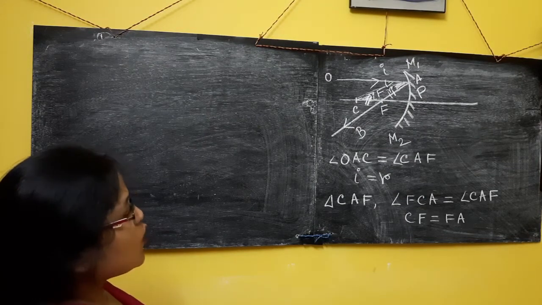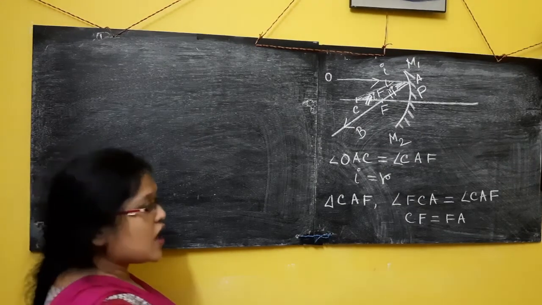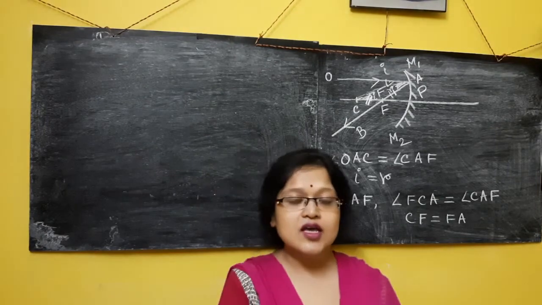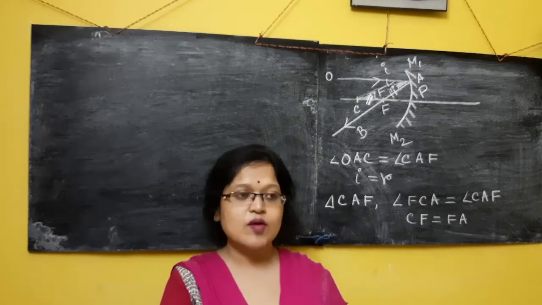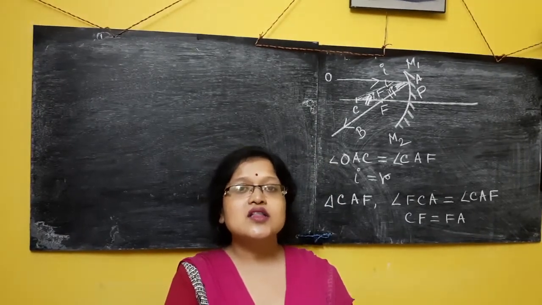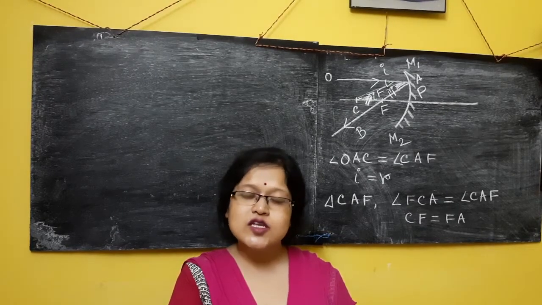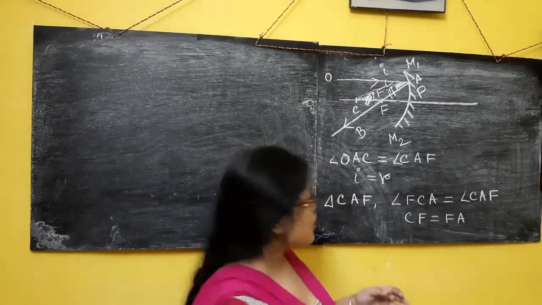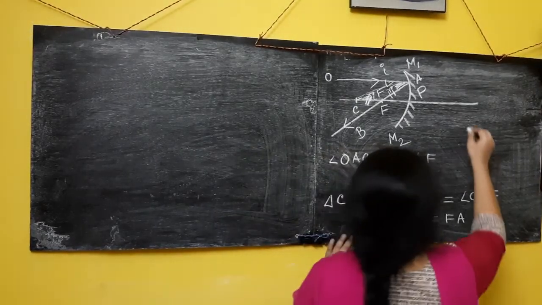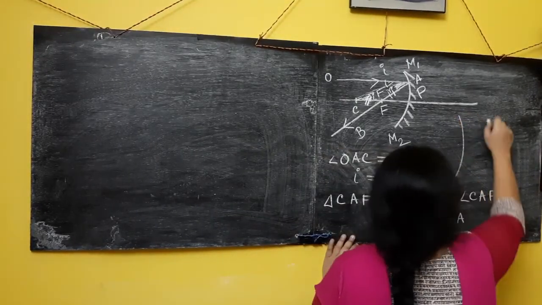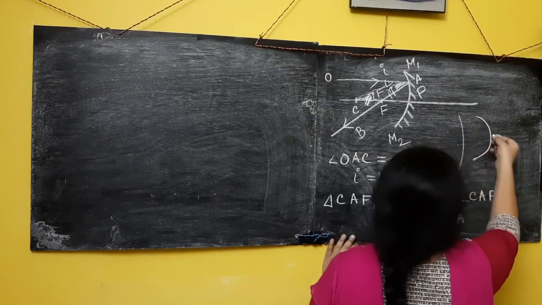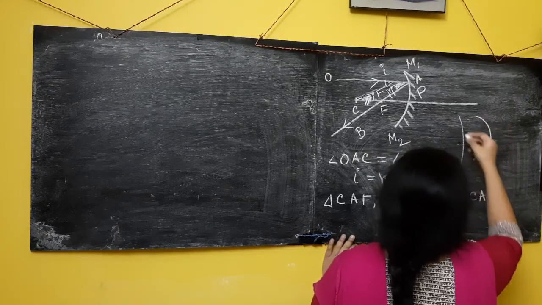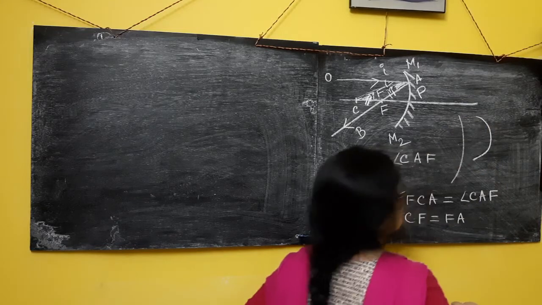Now coming to the last approximation. We know that this is a concave mirror. Remember that we are taking the aperture of the mirror to be very small. Aperture means the curvature; the mirror I have taken is like this, not like this. So here the curvature is very small, nearly a straight line.